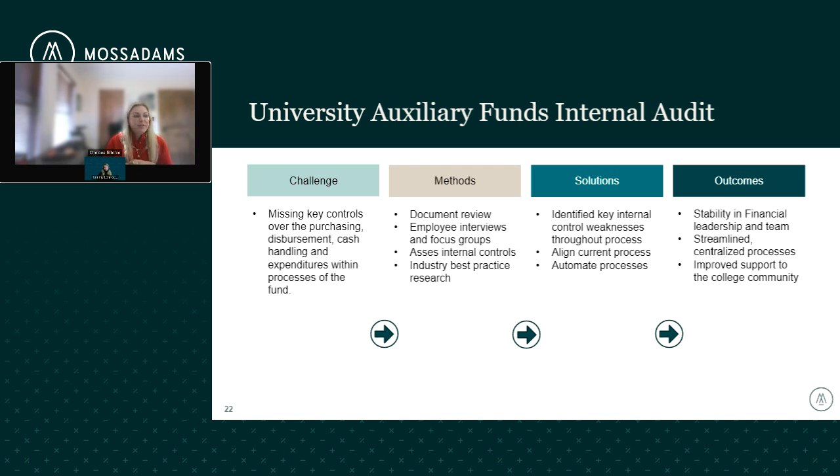I feel like both parties felt it was invaluable to have each other help with getting the internal audit done timely.